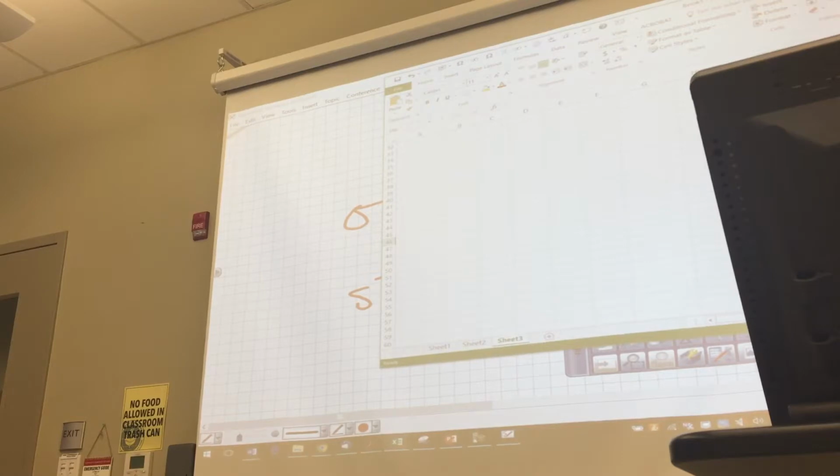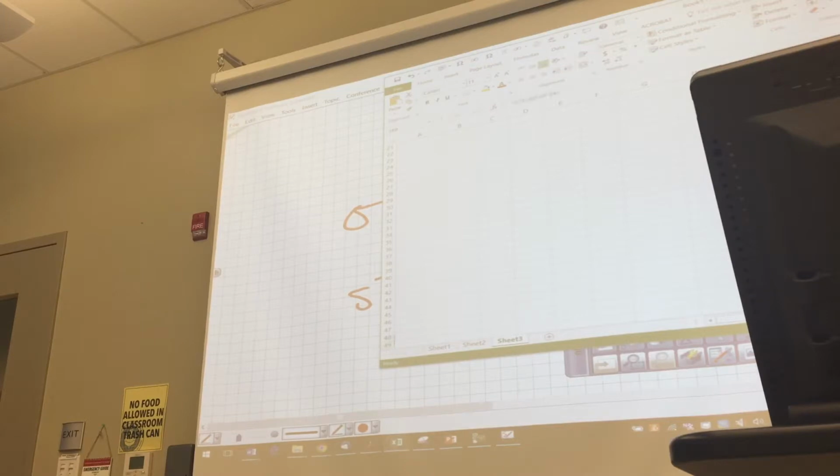So if I can't get it using that table, I can list them all out. And then I can get my N, my mean, and my standard deviation by going equals count. Then I highlight all those numbers and this should come up to 39. I'm doing the count just to make sure I got it right.